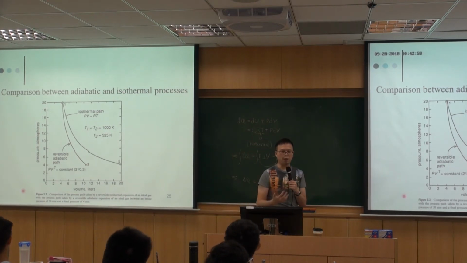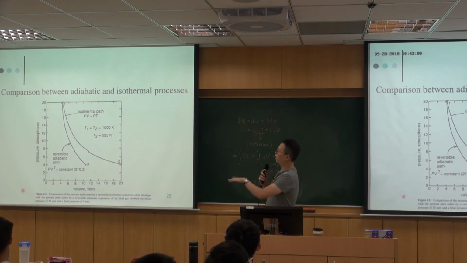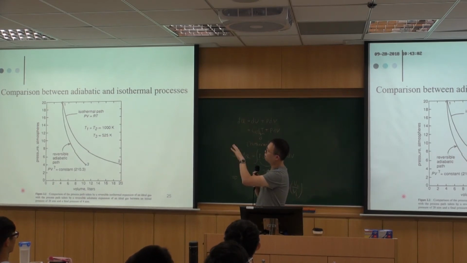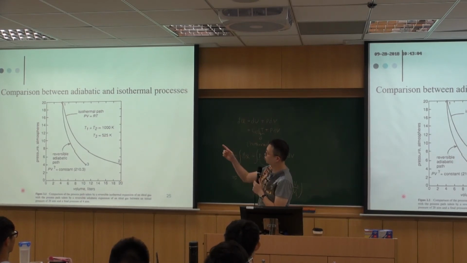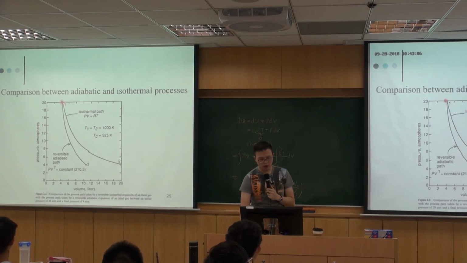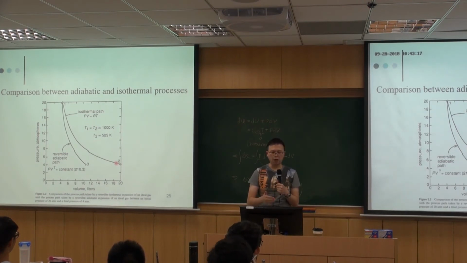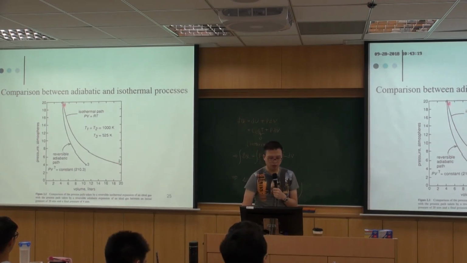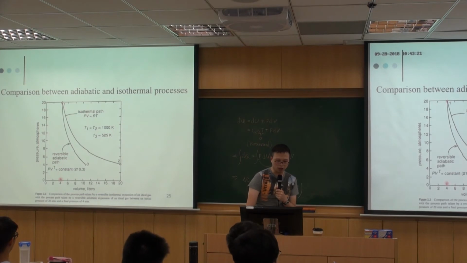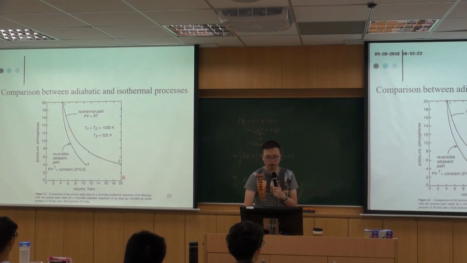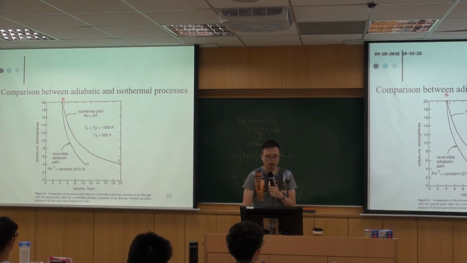We will start from the left upper side of this figure, for instance, the state 1 shown here. And then we will go down to a different state, like state 2 over here. During this process, there's an expansion of gas because the volume will expand from, for instance, 4 liters to 20 liters. So you'll see a change in terms of volume.